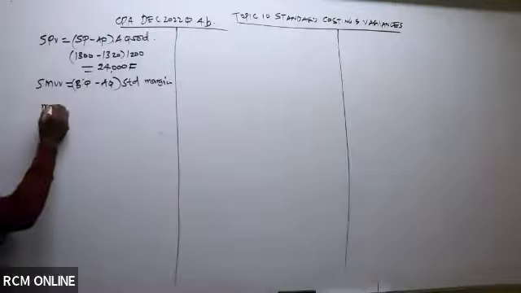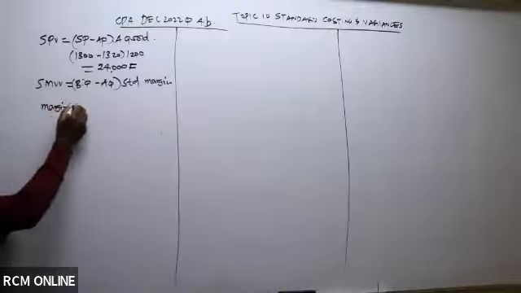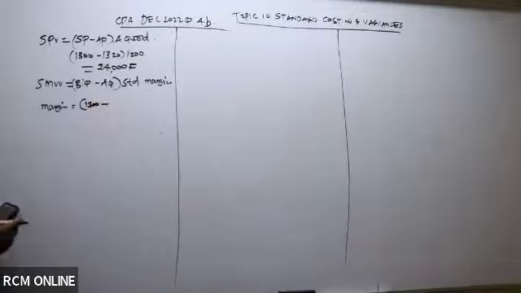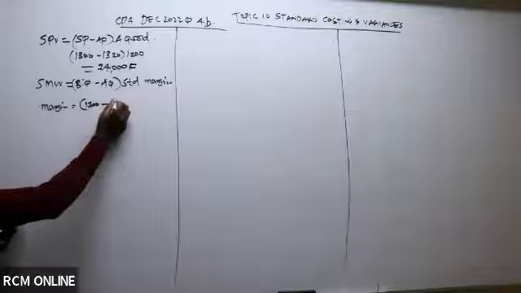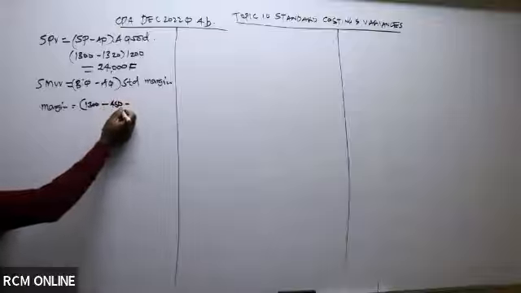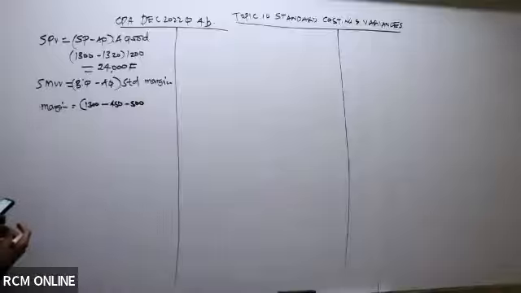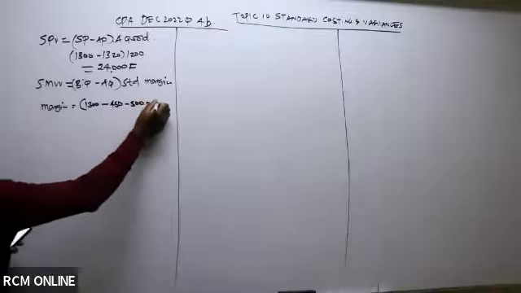So margin is equal to budgeted sales of 1,300 minus budgeted material cost of 450 per unit, minus 500 per unit, minus 100, which is variable production.